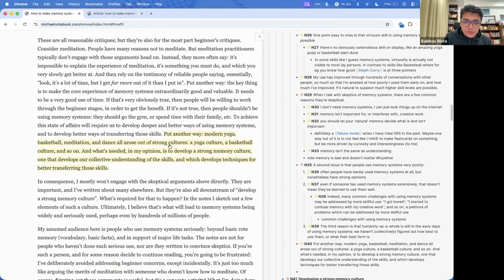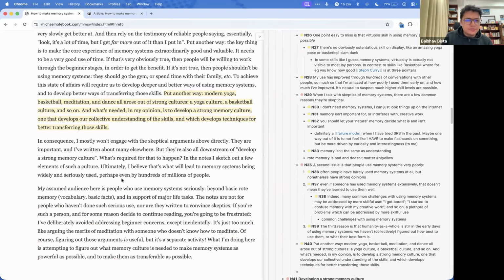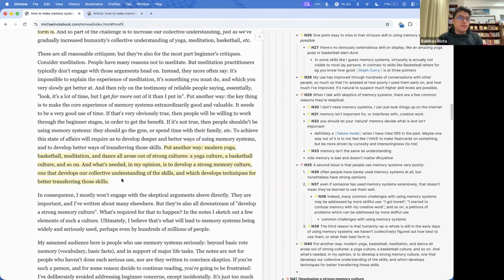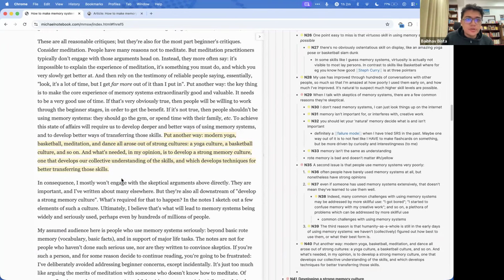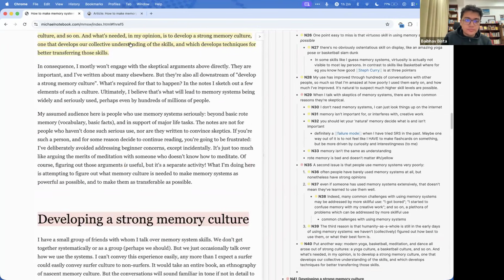All of these arose out of strong cultures. And yeah, okay, that's a fair argument. I'm not sure how much I agree, but it's a fair argument. Okay, good.